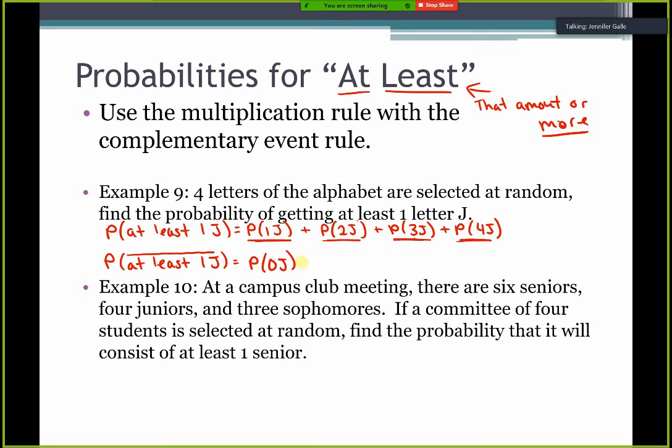So the probability that I get 0 J's: 25 out of 26 letters are not J. For the second pick, 25 out of 26 letters are not J. Not J. And not J. Or you can do that to the 4th power if you would like. I'll probably do that.